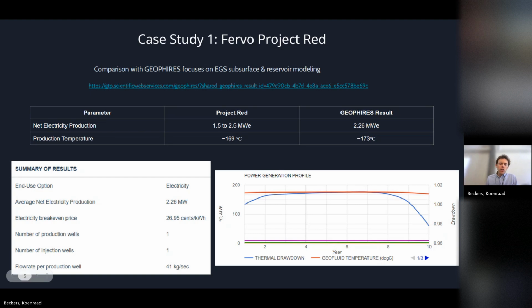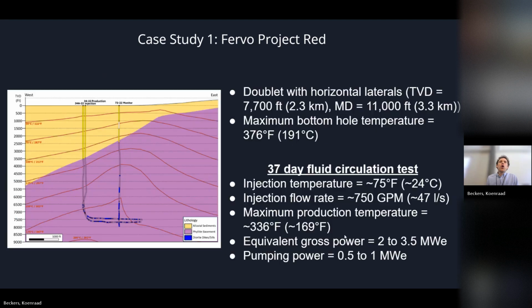Now, one of the other challenges was that right now we have to assume a constant injection temperature and constant flow rate. We can talk later during the discussion about whether these are parameters we need to allow to vary over time.